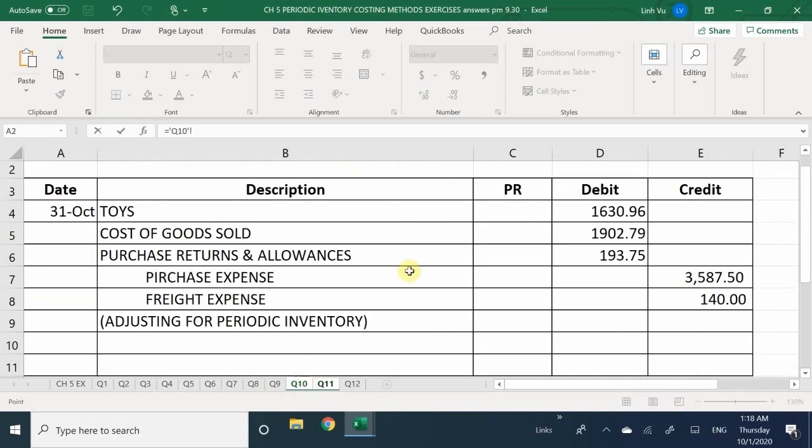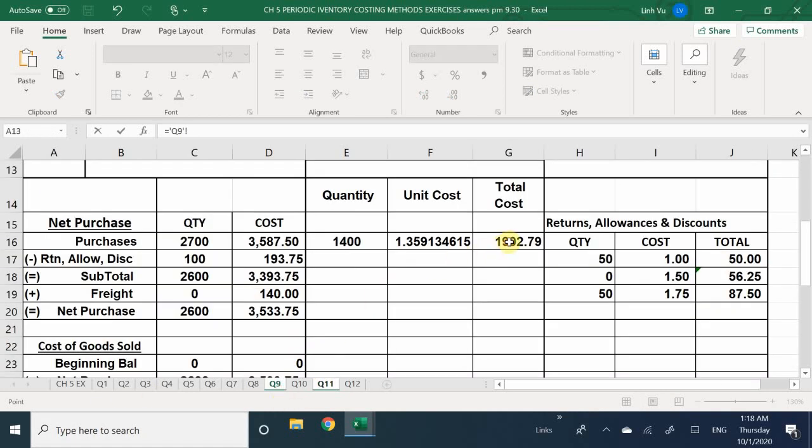I'm going to copy the information from my problem 9.